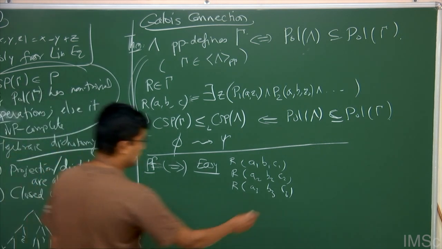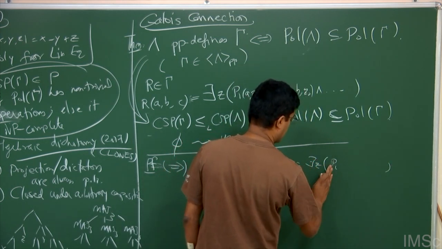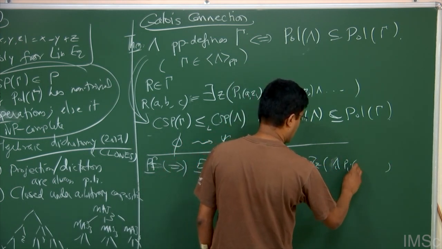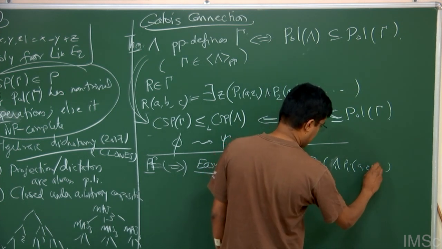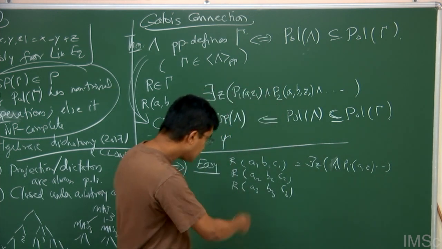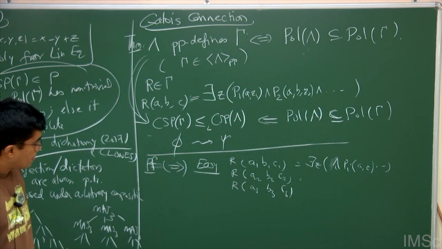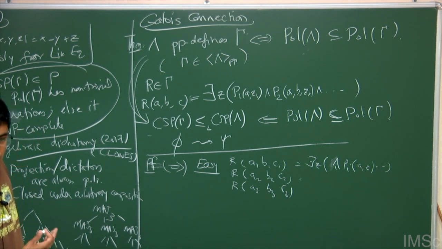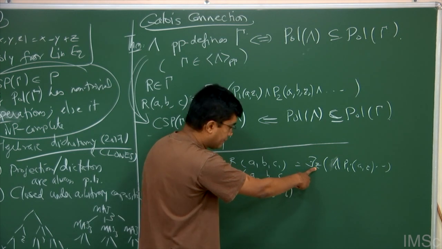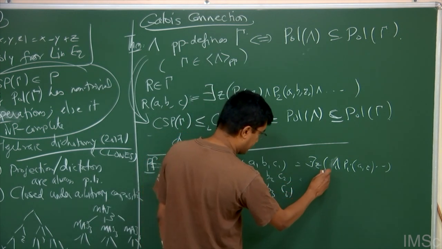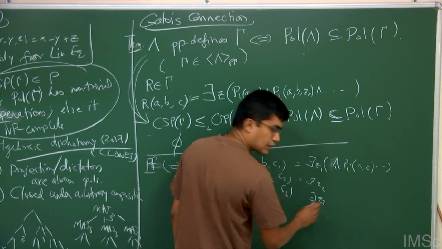Well, you just write this as there exists Z, some conjunction of Pi of A, Z, some projection, right? And that's true for each of these things. So now, because F is a polymorphism, if this is true, there is some setting of the auxiliary variables, let's say Z1, Z2, Z3, and so on.